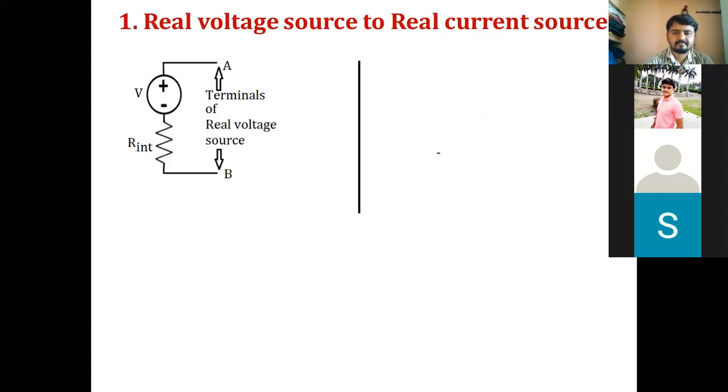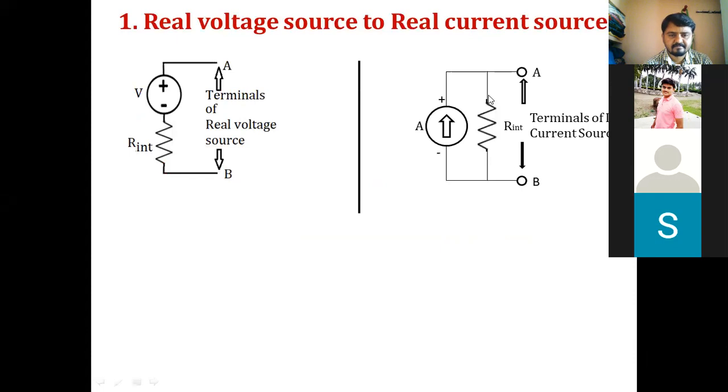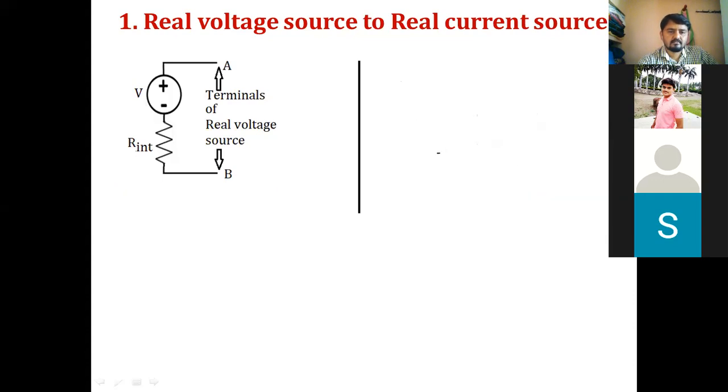Take the heading first: write down Source Conversion as the top heading. After that, write number one: real voltage source to real current source.